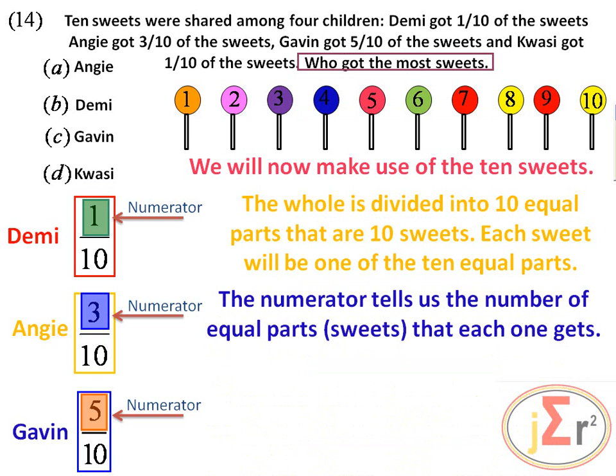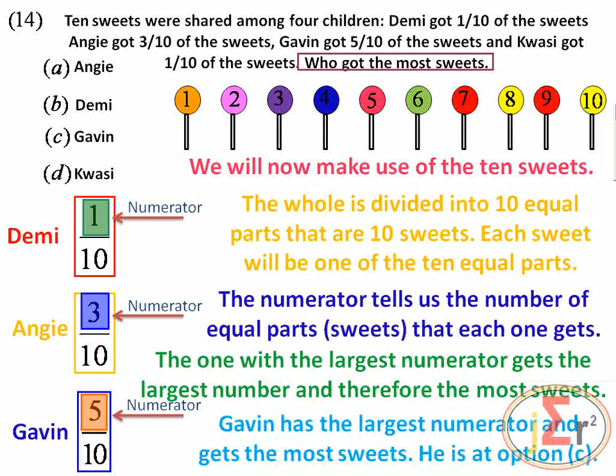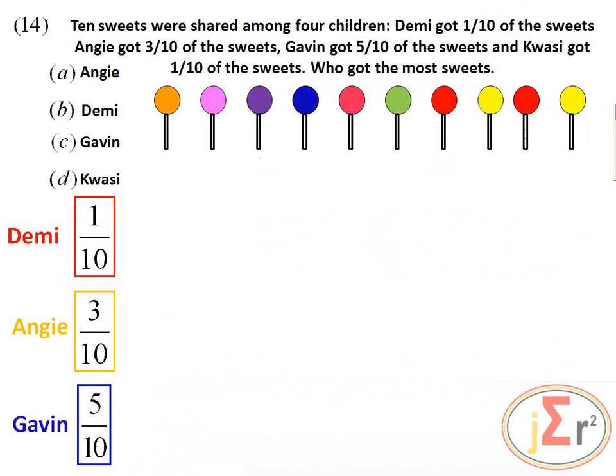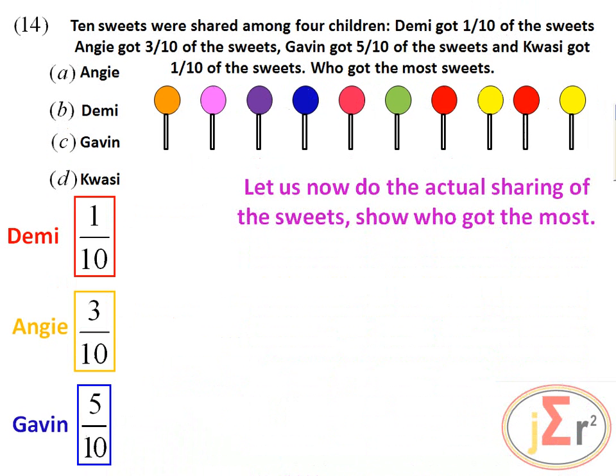So who got the most sweets? The one with the largest numerator gets the largest number and therefore the most sweets. Gavin has the largest numerator and gets the most sweets. He is at option C. Let us now do the actual sharing of the sweets. Show who got the most.